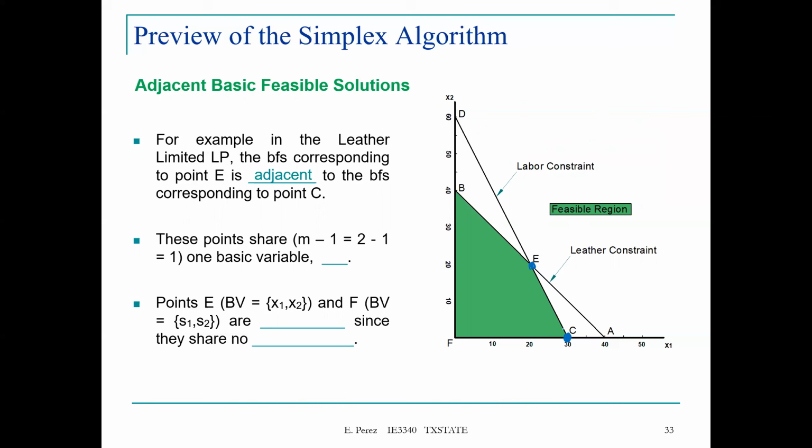These points share m minus 1 equals 2 minus 1 equals 1 basic variable, x1. For point E, the basic variables are x1 and x2. And for F, the basic variables are s1 and s2. They are not adjacent. So E and F, you see they're across from each other. They're not adjacent since they don't share basic variables.